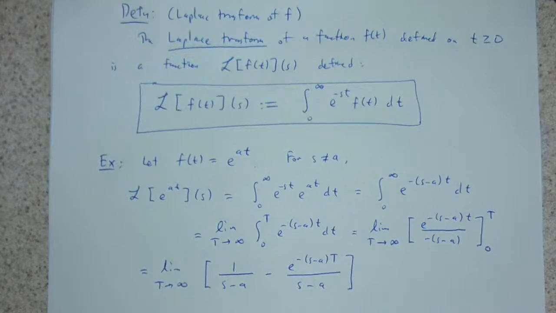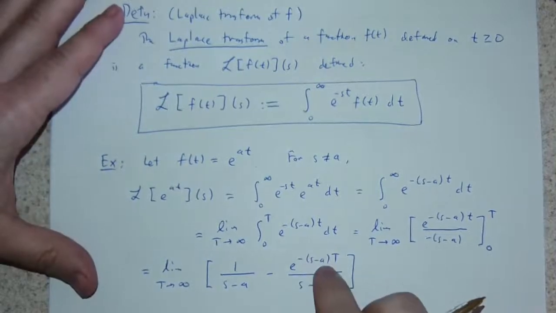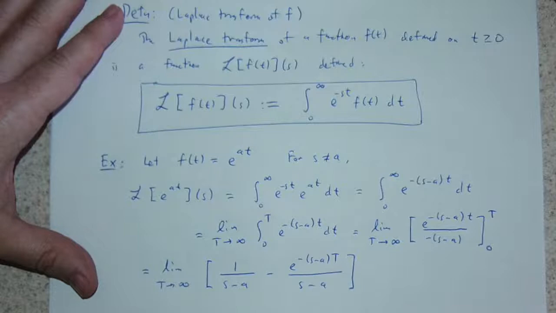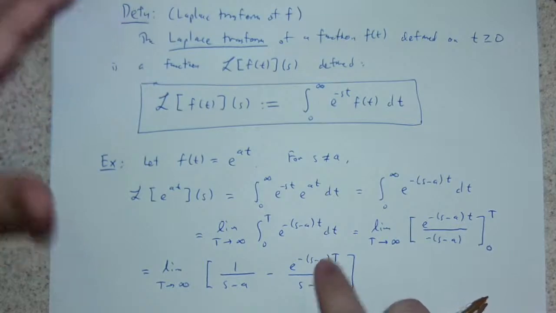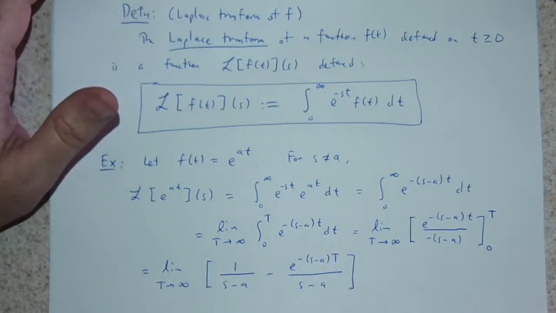If everything before it is positive, however, as T goes to infinity this expression goes to infinity. So this expression either goes to 0 or it goes to infinity.